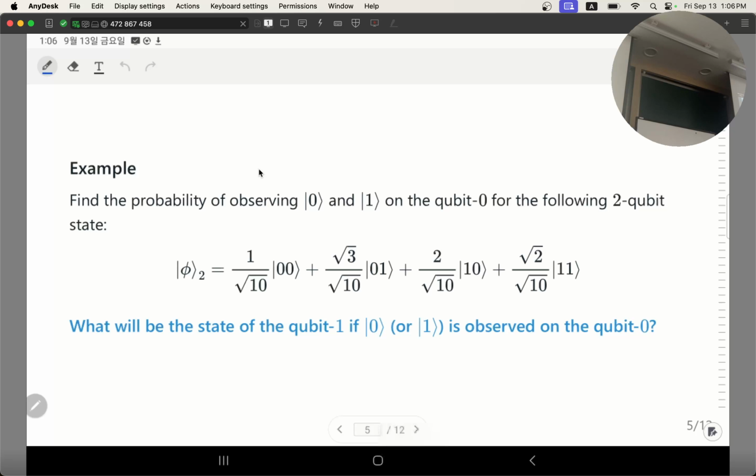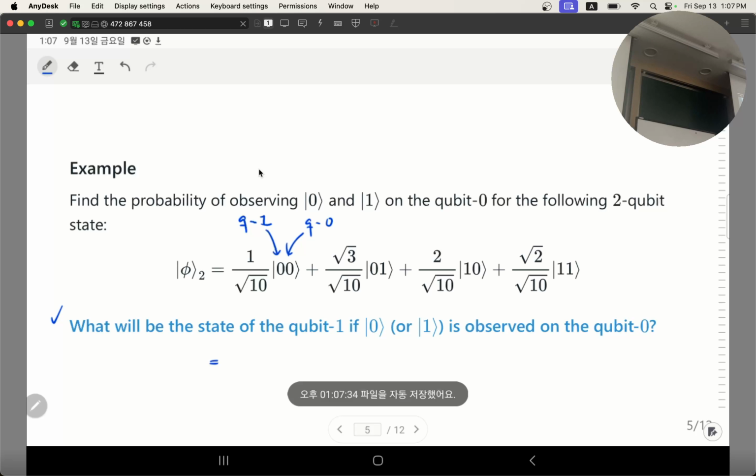Now let's have an example here. Let's try to find out the probability of observing 0 or 1 on qubit 0 for the following state. This is qubit 0, and this is qubit 1, by the way. So you're going to take an observation on qubit 0 and try to find out the probability of observing 0 or 1. Let's do it together, and then I'll leave these questions to you to work on your own.